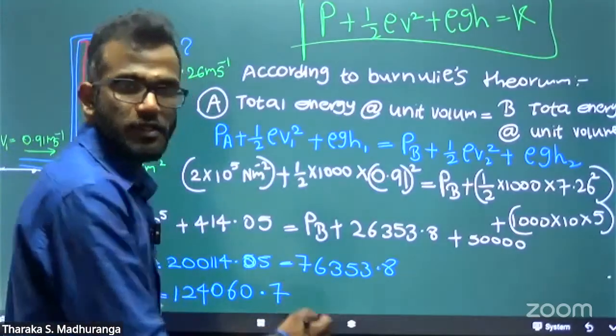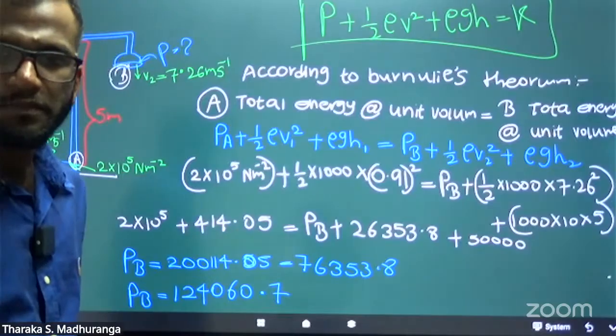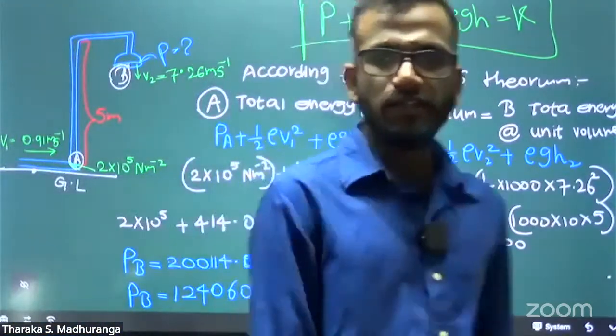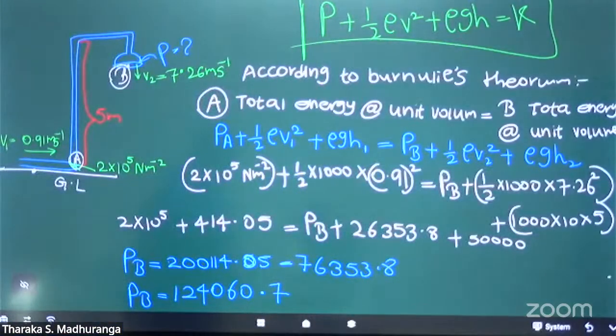What is the unit of this large calculation? After a long calculation, if you do not add the unit, there are no marks. What is the unit? What does PB mean?